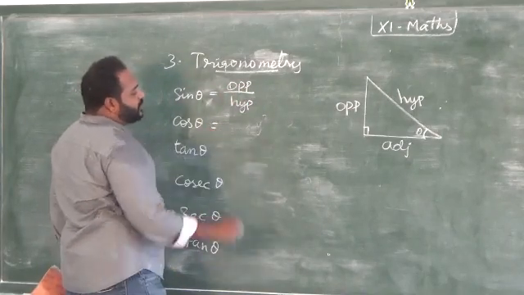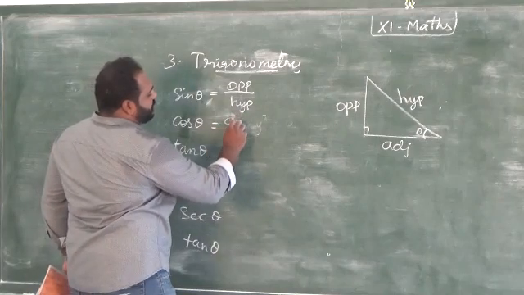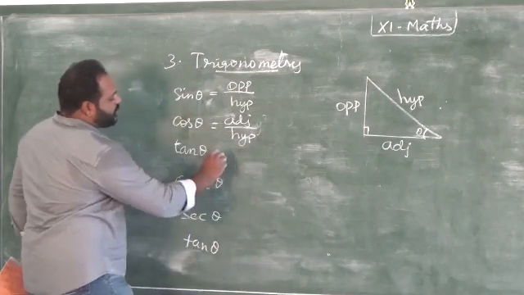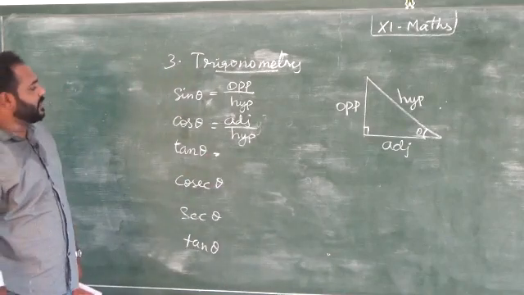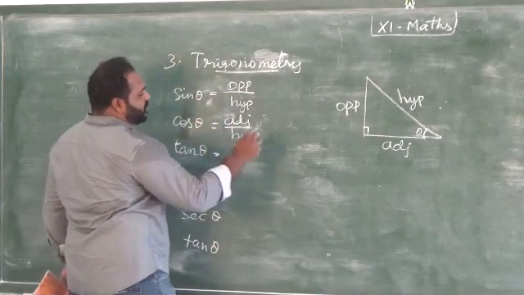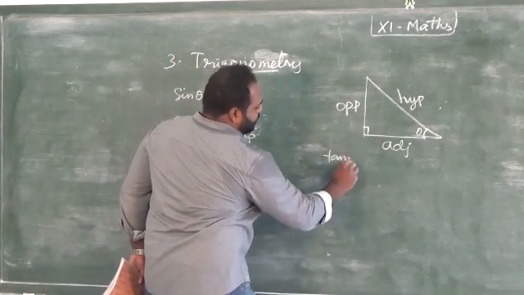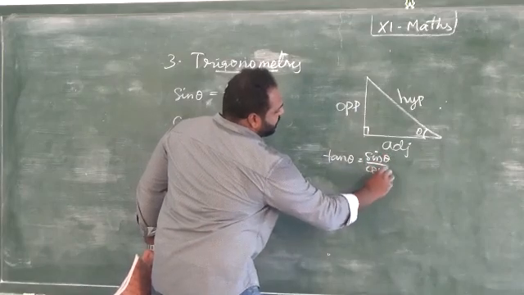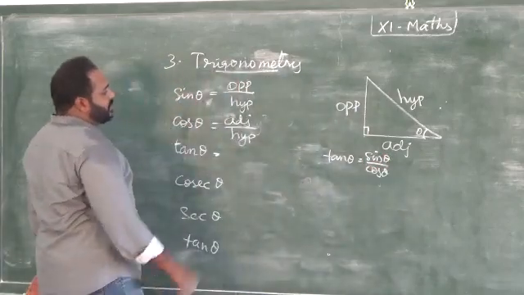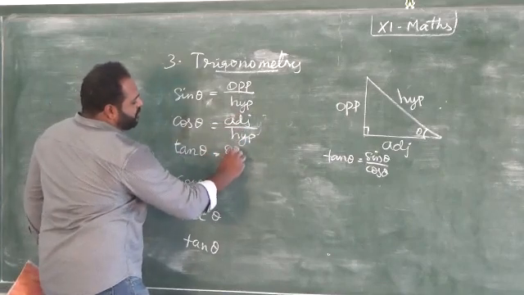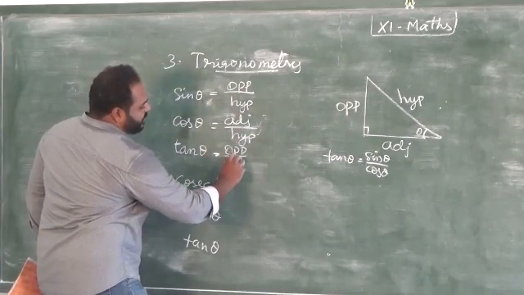Cos theta will be adjacent by hypotenuse. Tan theta is sin by cos. We know that tan theta will be sin theta by cos theta, hypotenuse will be cancelled. It is opposite by adjacent.